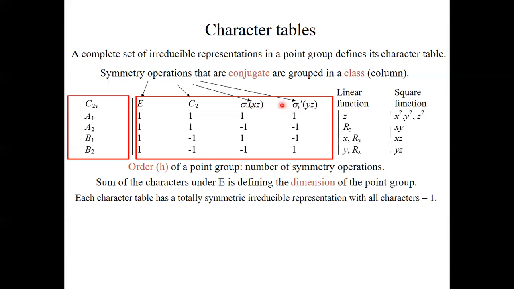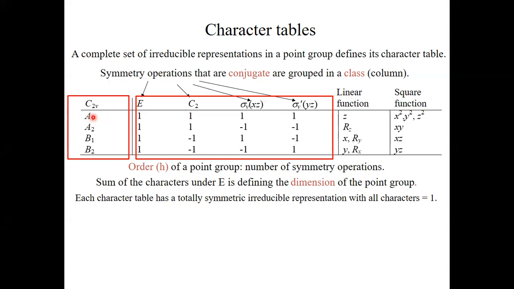These two sigma v symmetry operations are not equivalent, they are not conjugate, so they are in different columns. Underneath the symmetry operations, there are the characters for the respective irreducible representations.